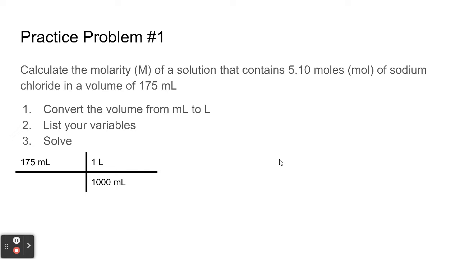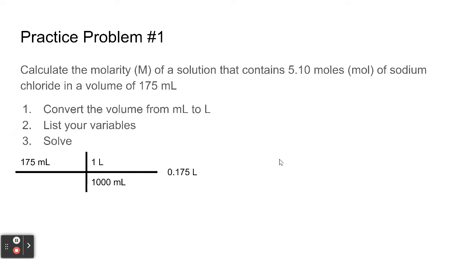What we are trying to solve for is liters. We know that there are 1,000 milliliters per 1 liter, so we put the 1 on top, 1,000 on the bottom. 175 times 1 divided by 1,000 gives you 0.175. So that's your total number of liters.